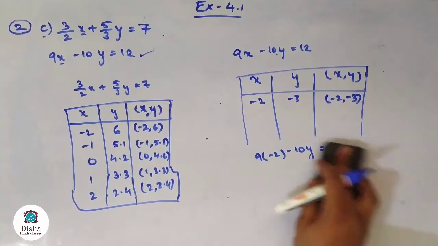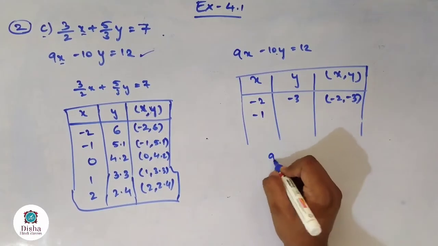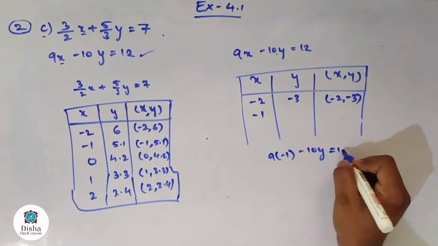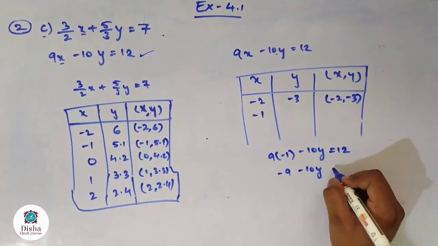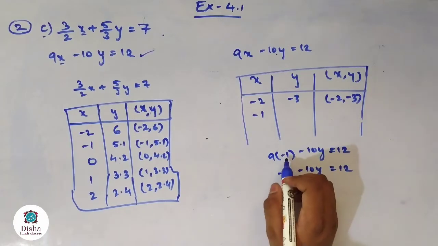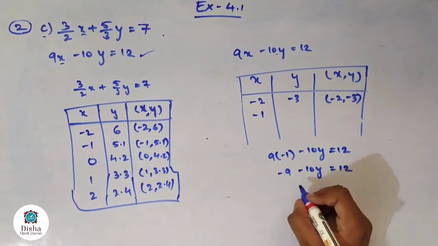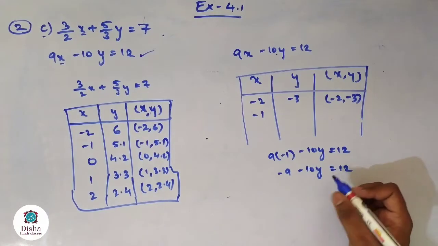So next we have minus 1. So 9 into minus 1, minus 10y equals 12. So minus 9 minus 10y equals 12, right? We have substituted the value of x as minus 1, and minus 1 into 9 will be minus 9. Then if we send this minus 9 to the RHS, what will it become? Plus 9.